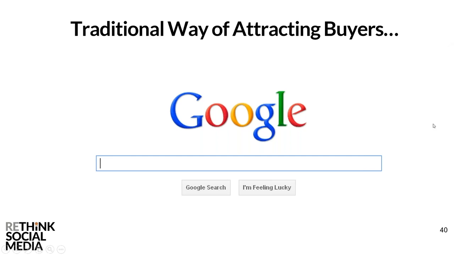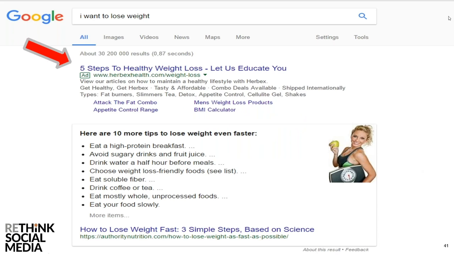Well, we're all familiar with Google, I'm sure, where you type in if you have a problem, let's say you type in, I want to lose weight. What do we see? We see standard problems that people have, where people type in specific problems. And so you see advertisements for the problems that people wrote in.